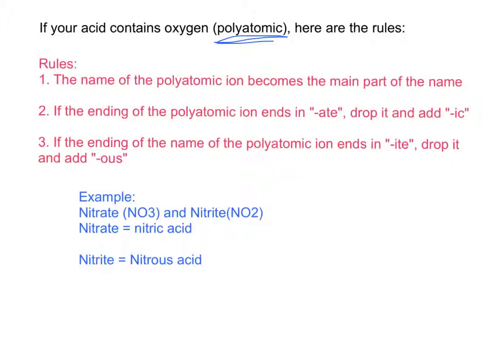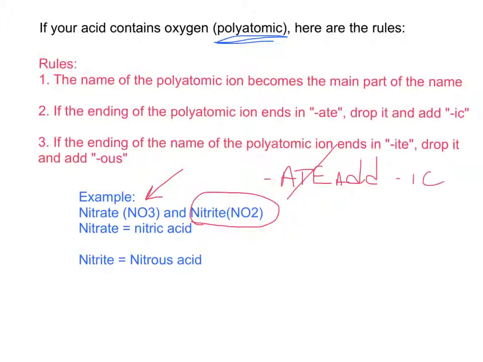Now, you do not have to memorize any of the ones that have an ITE on it, like nitrite. You do have to memorize nitrate. So your biggest deal is going to be to take the ATE off, get rid of it off the end of the word, and add an IC.